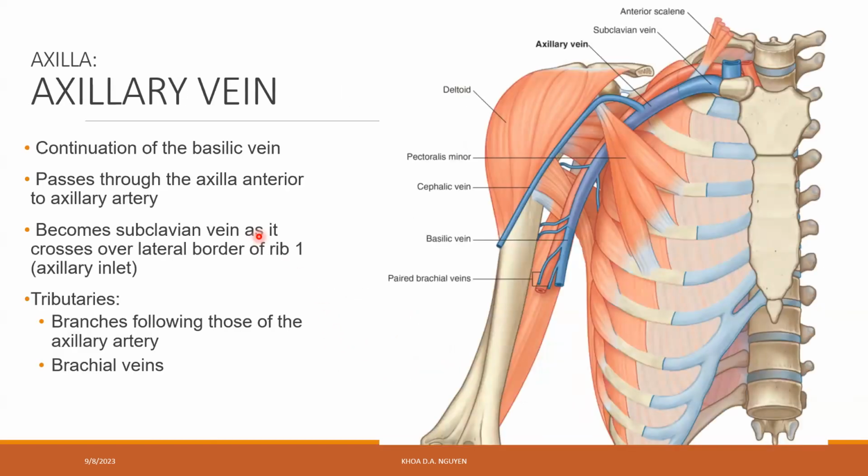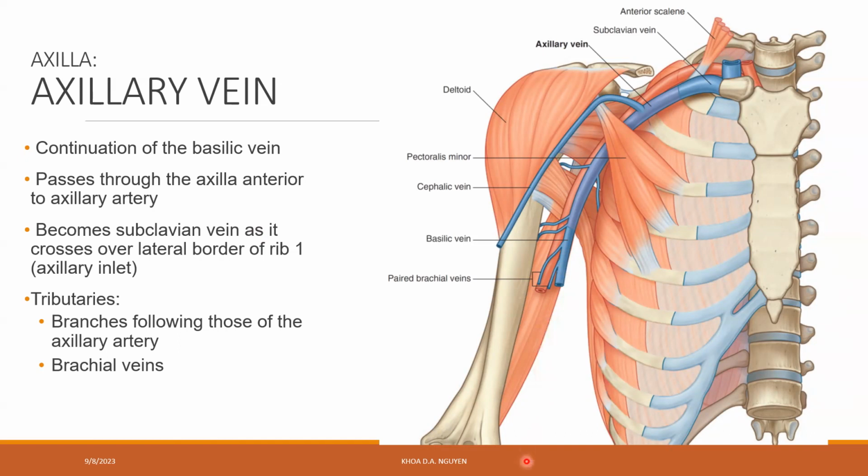Now we'll talk about the axillary vein. The axillary vein is what is known as a continuation of the basilic vein. The basilic vein is the superficial vein of the upper limb that is located on the medial side of the upper limb.